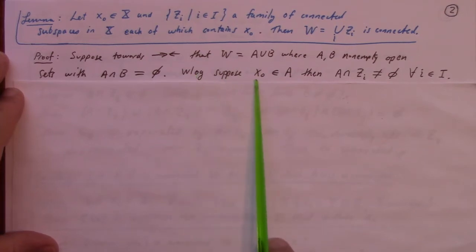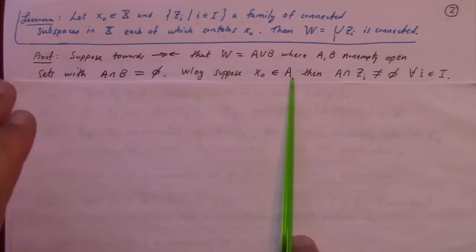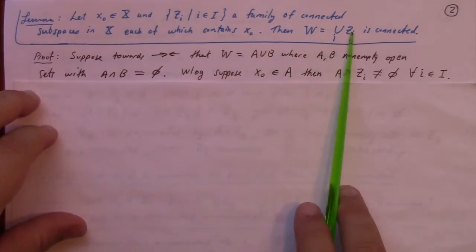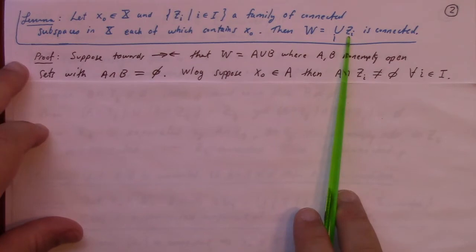Without loss of generality, suppose x naught is an element of A. It has to be in one or the other, because x naught is definitely in W, since it's in every single one of these Z sub i's.